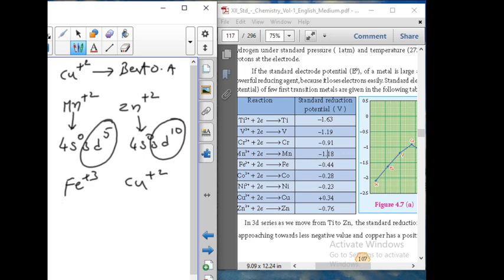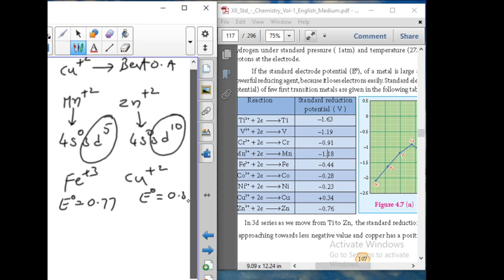See the standard electrode potentials as per the table. The E naught value for Fe plus 3 is 0.77, and for Cu plus 2 it is 0.34.